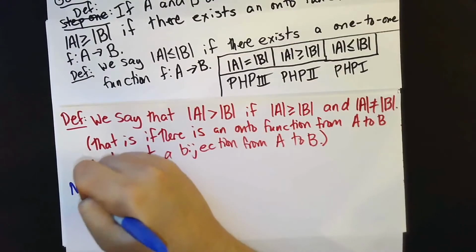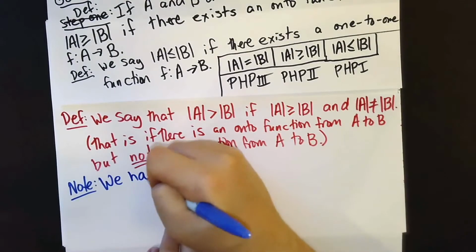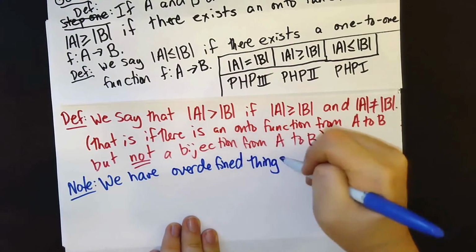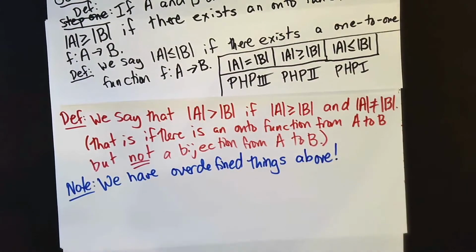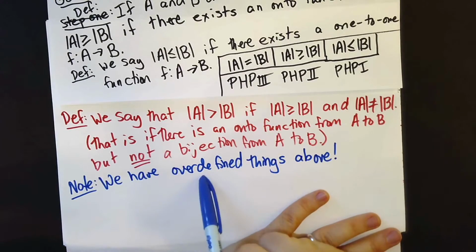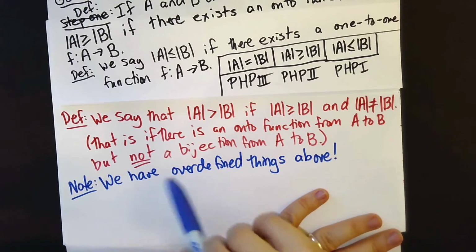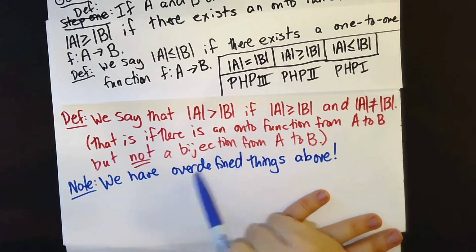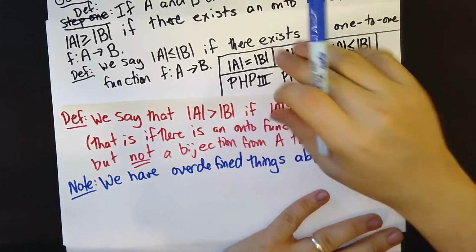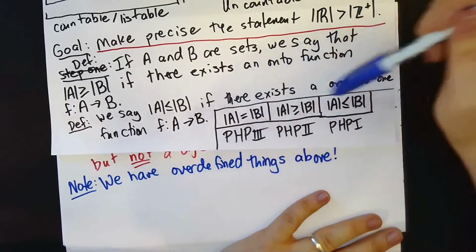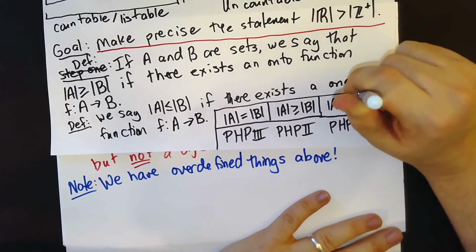Now, I think it's important that I level with you here and point out that we've actually overdefined things. So what do I mean by overdefined? What I mean is I've allowed us to define things in 2 different ways, at least if we think we know what these symbols are and how they should work.